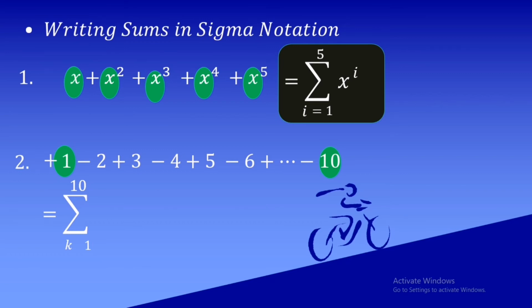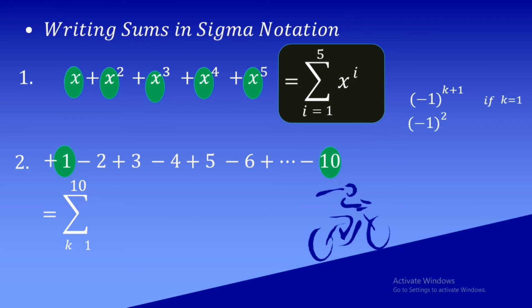And since we have the alternating signs, positive and negative, let us find the rule for a sequence of these signs. For the alternating signs of the terms of such a series, we usually have a factor of negative 1 raised to k plus 1. So let us check.